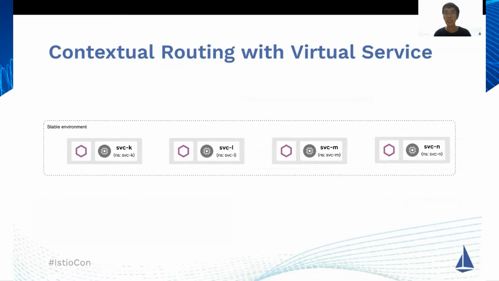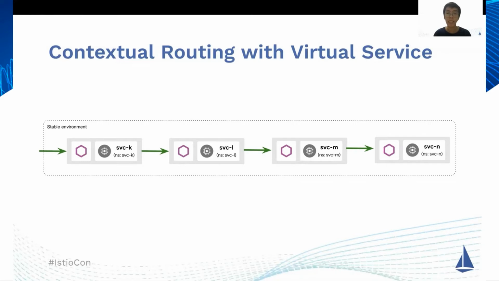So now let's see the more complex use case. Here we have a flow, starting from service K. K then makes a call to service L, L calls M, M calls N. So in the normal case, we only have one stable environment.